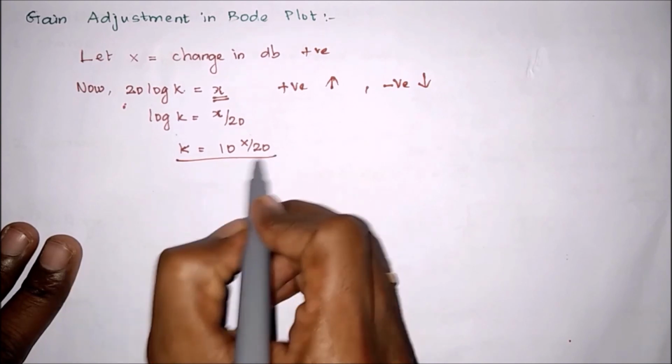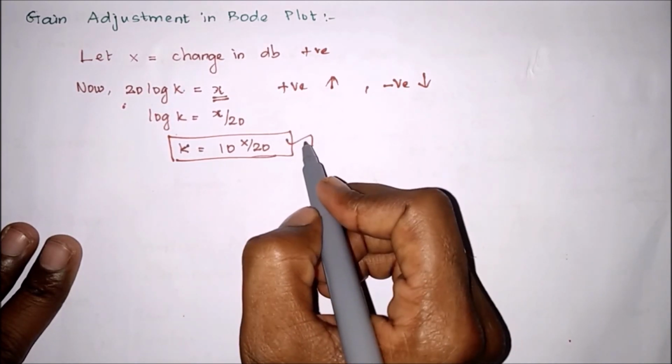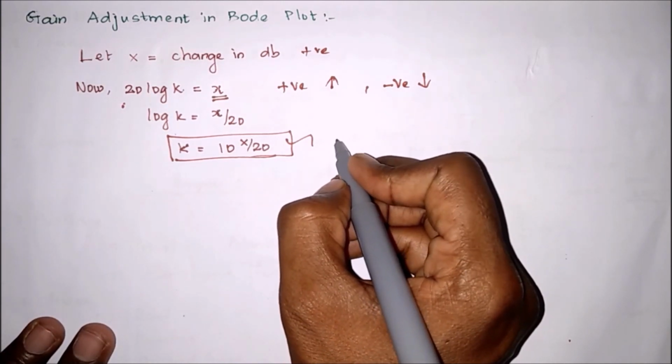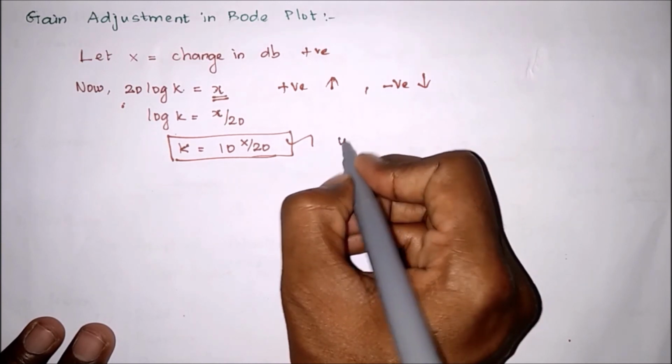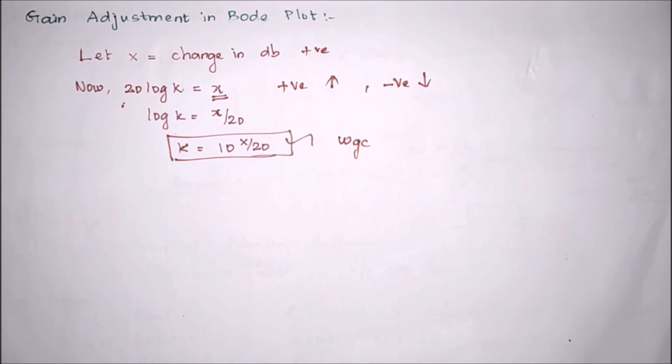Then we have to find the K value. This is the gain to be added to get the magnitude plot for the corresponding given gain crossover frequency omega gc. So this is the procedure for drawing the Bode magnitude and phase plot, and also adjusting the gain in both plots.